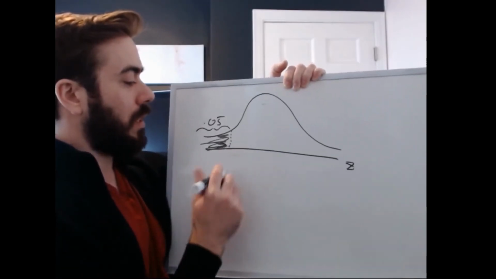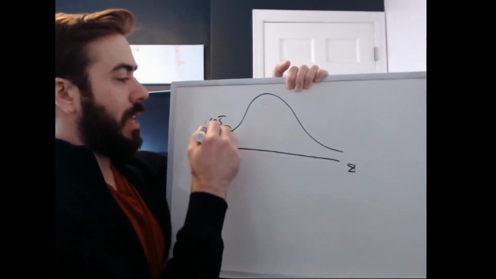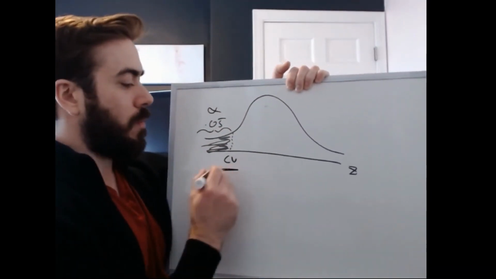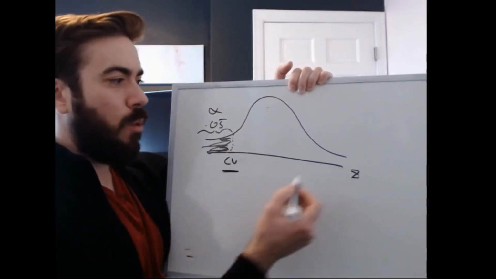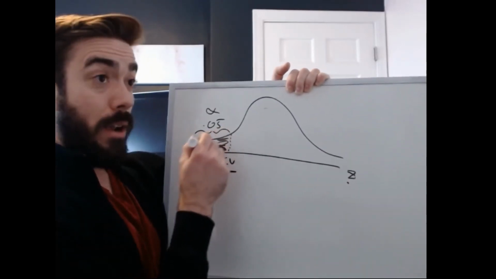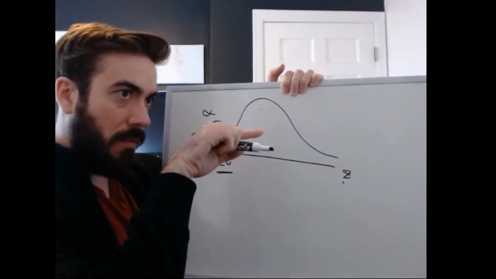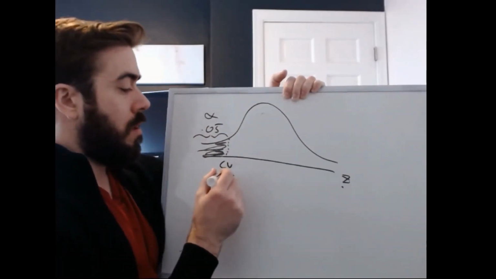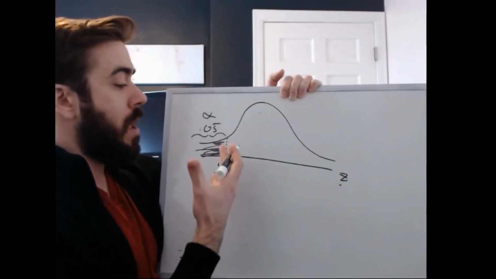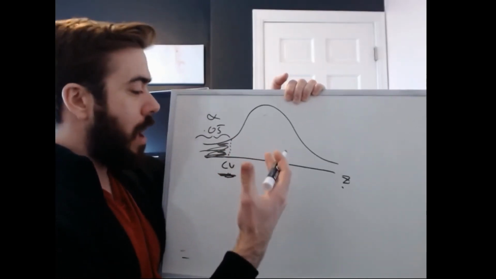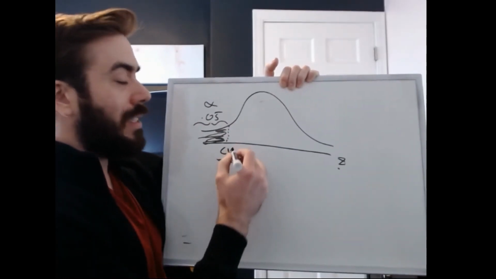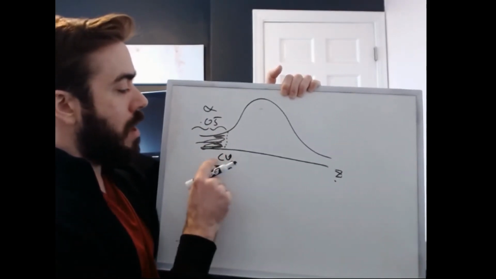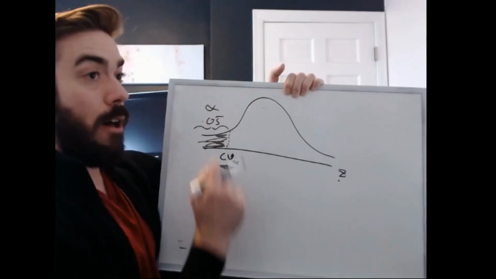This cutoff that gives me my desired alpha in that tail is my critical value. How can I find that? Well, if it's a standard normal distribution, I go to the middle of the table, look up 0.05, and then go over and up to find what z value would give me 0.05 in the tail. So your critical value is still a z value, but more importantly it's the z value that gives you the desired alpha in the tail. A lot of times you'll see it described as the critical value that gives you alpha in your tail.